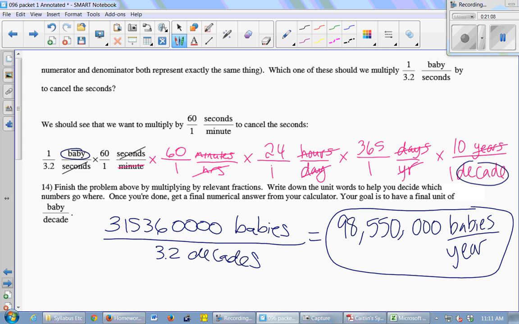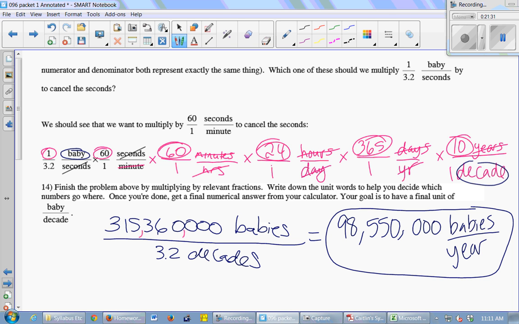I multiplied all the numbers in the fraction, right? So I multiplied 1 times 60 times 60 times 24 times 365 times 10. All the numbers across the top of the fractions got multiplied together to make this 315 million number.